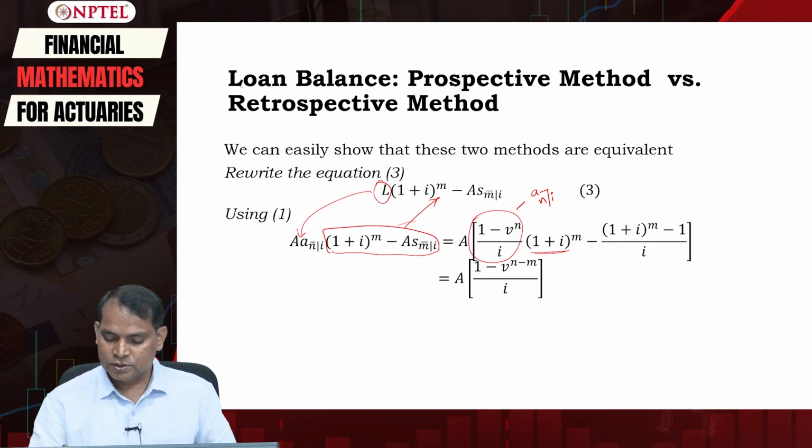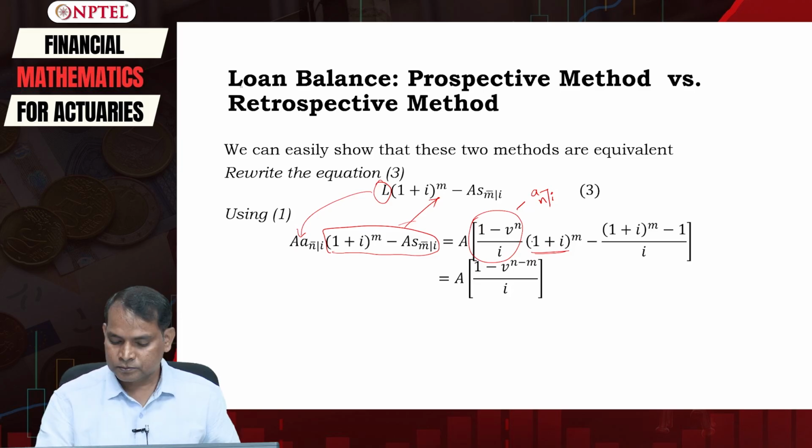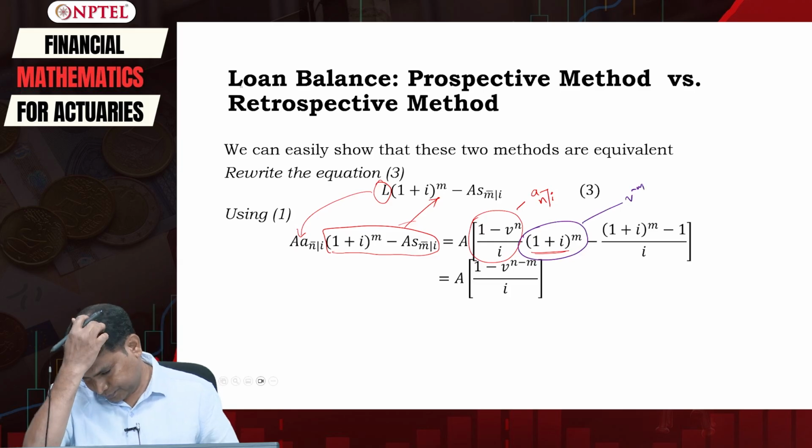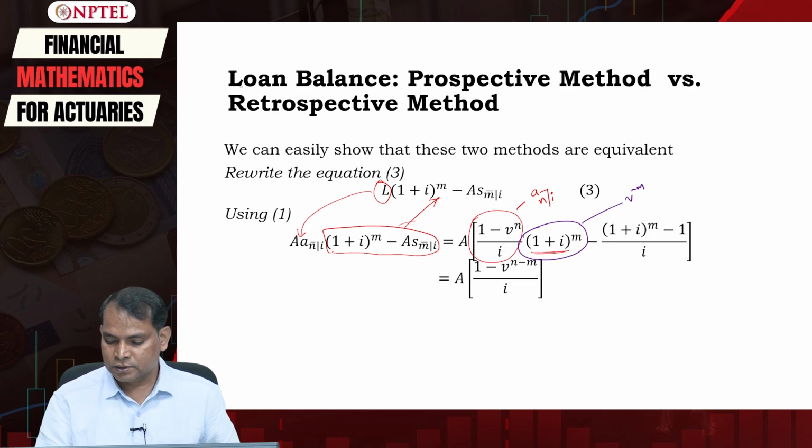So this value can be written as v to the power minus m, and therefore we can simplify this to A times (1 minus v to the power n minus m). Okay, so this can therefore be written as A times a angle n minus m at i.